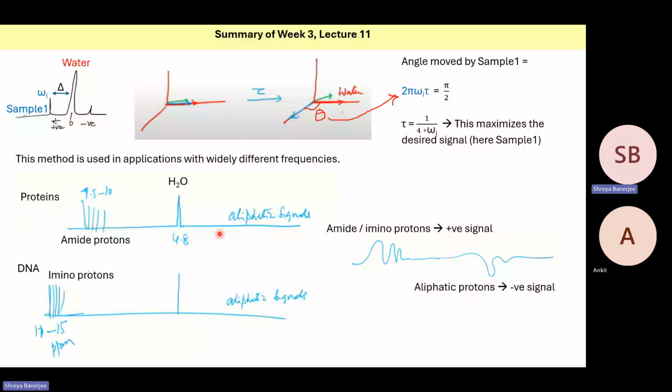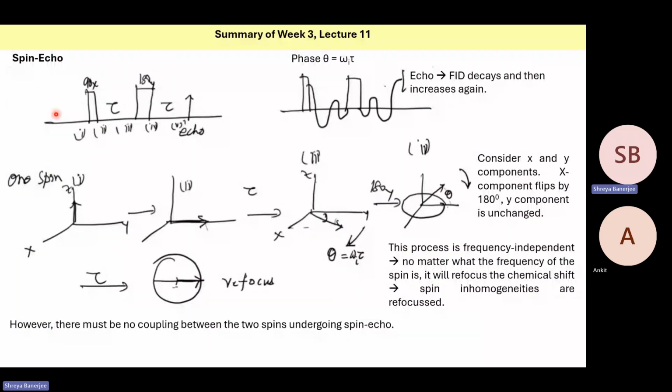Now we'll talk about a new phenomenon called spin echo. So what happens in spin echo? Again here, first a 90x pulse is applied. We'll imagine the simplest system, which is a one spin system. The magnetization of the spin in the equilibrium condition is lying along the z-axis.